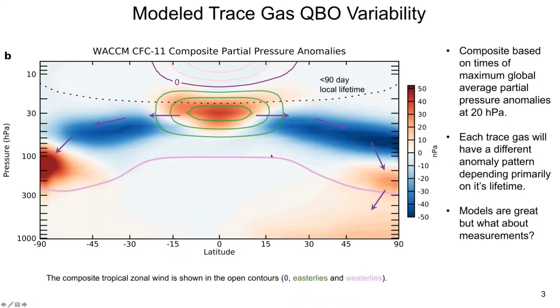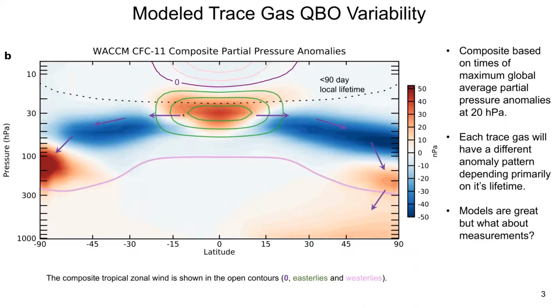One more plot from the model output just shows the pattern of these anomalies and how they're transported down through the atmosphere. So for CFC11, this is a composite at the times when the anomalies are maximum at 20 millibars. So you can see a big red orangish circle here. So that's the global average is positive here.